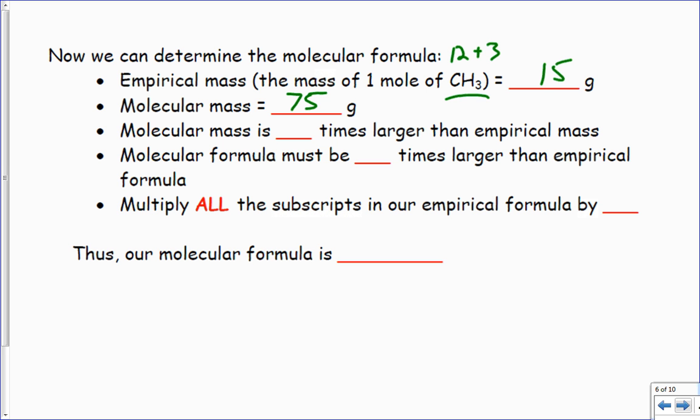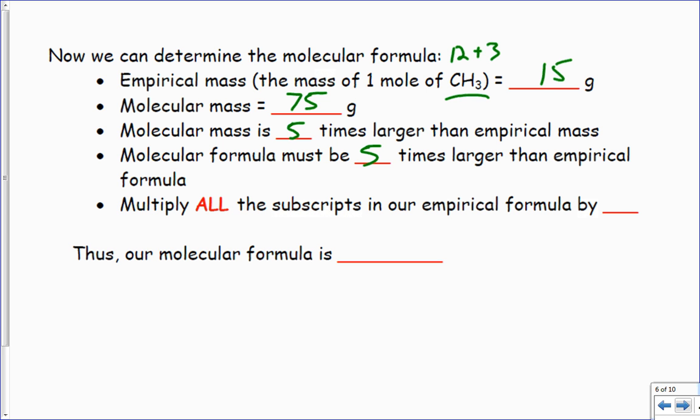So now, the molar mass, or the molecular mass, is how many times greater? Well, let's do 75 divided by 15 and hope it goes in pretty even. It's 5 times greater. So now the molecular formula must be 5 times larger than the empirical formula.